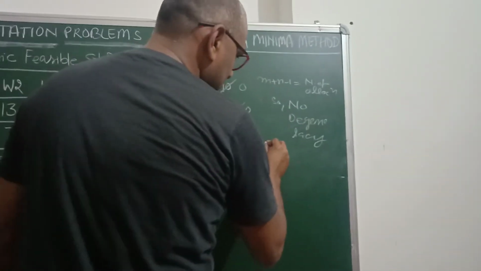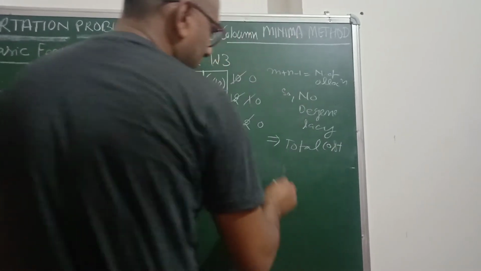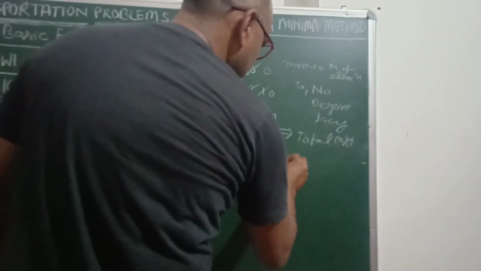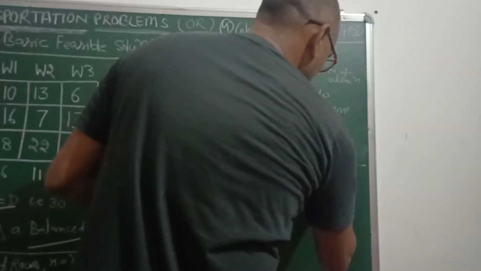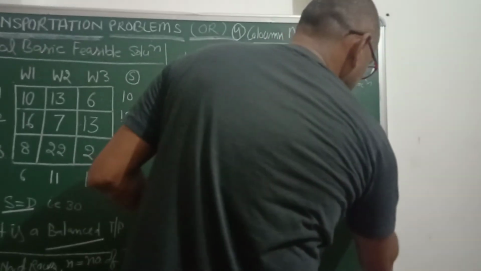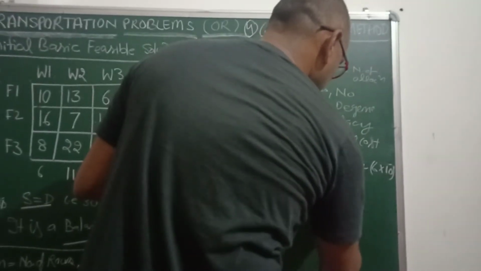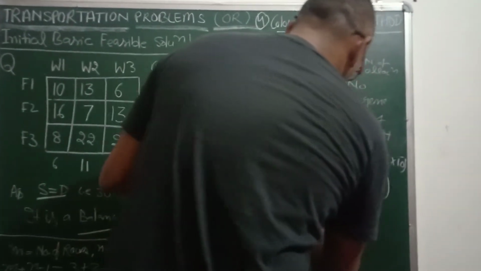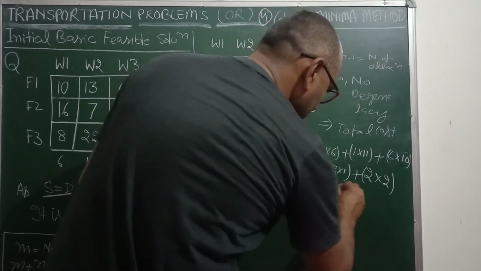This means that the total cost can be found. Now again using column 1, 8 into 6 plus 7 into 11 plus 6 into 10 plus 13 into 1 plus 2 into 2, and if you solve this equation, the amount comes out to be 202 rupees.